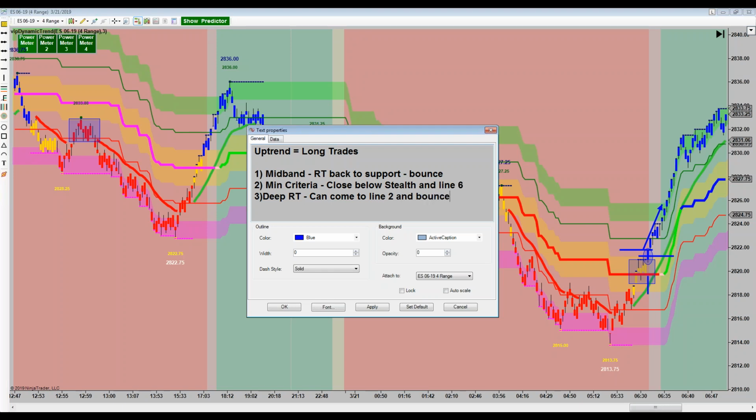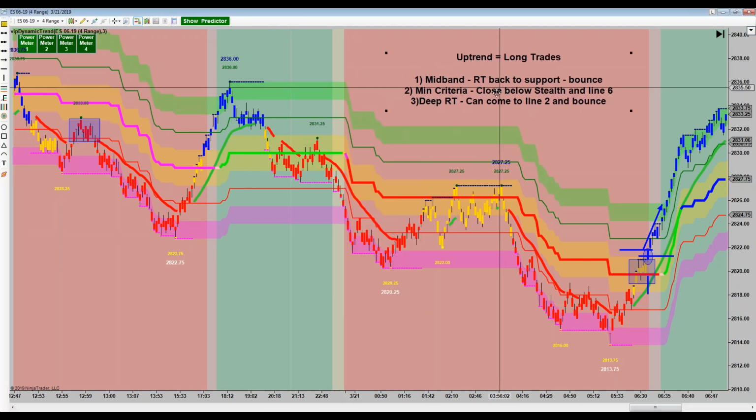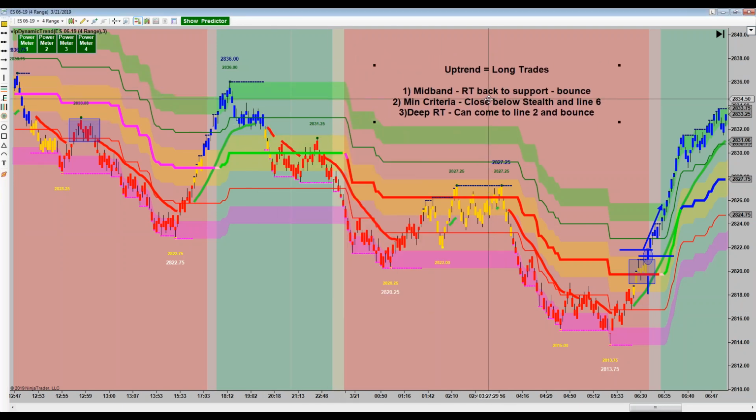Now, one thing I wanted to say on this is each word in this definition of trade types is important. Okay? And a lot of traders discount what they're looking at, and they just gloss over it and say, oh, okay, well, basically, things going up, we're going to pull back, we're going to come to this thing, and then we're going to try to get long.